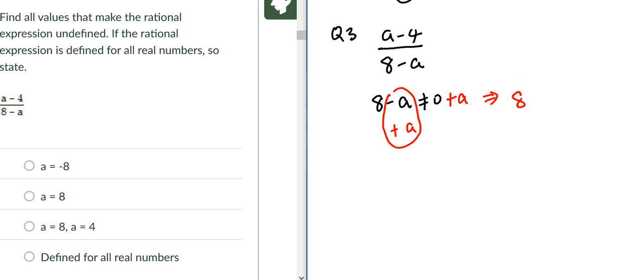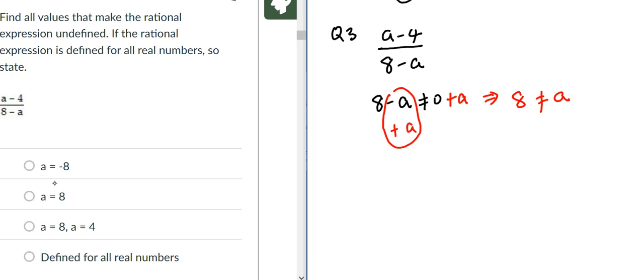So 8 cannot be a plus 0, which is a. So a cannot be 8. So that means in this rational expression, when you plug in 8 here for a, it does not make sense.